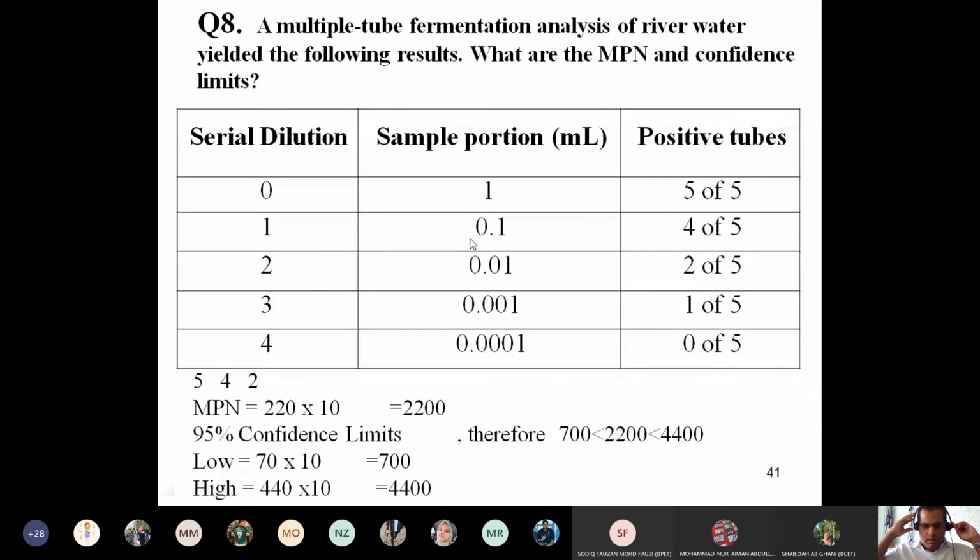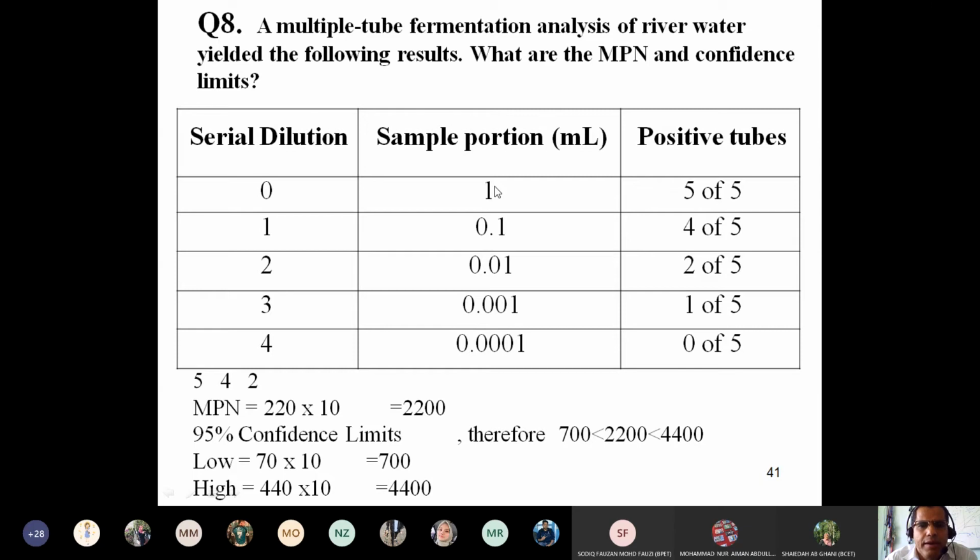For example, I take a sample from any wastewater and I make serial dilution. I make 0 at the beginning, 1, 2, 3, 4, and then I add a sample portion to each one. I add here 1, here 0.1, and this one, 1, the original.